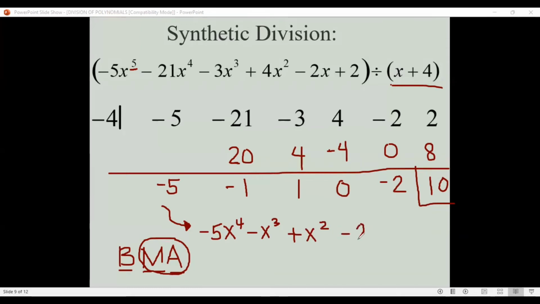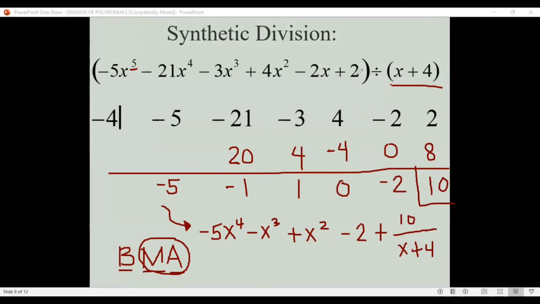And this happens to be a positive 10 being the remainder. You will have now 10 all over our divisor, which is x plus 4. So that is now how we solve by making use of synthetic division.